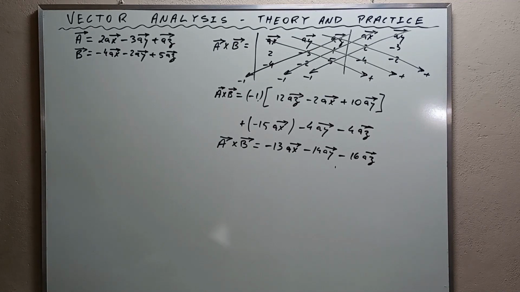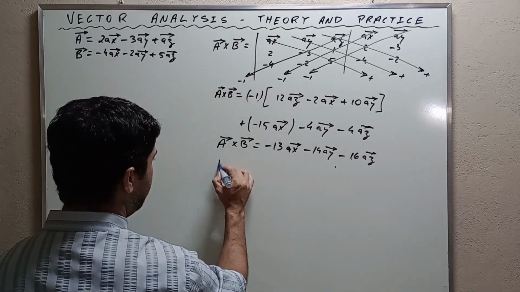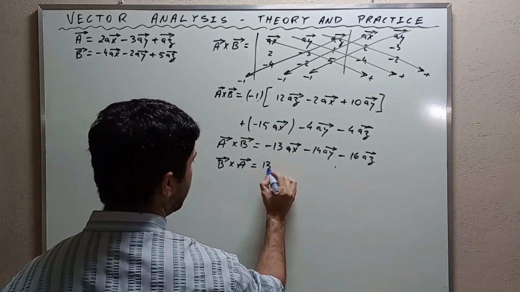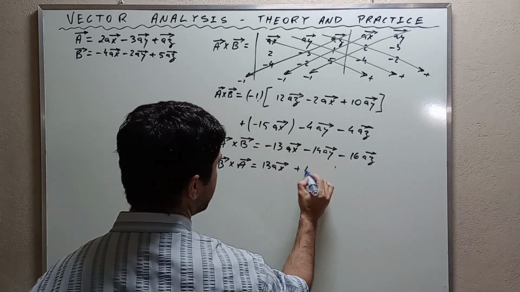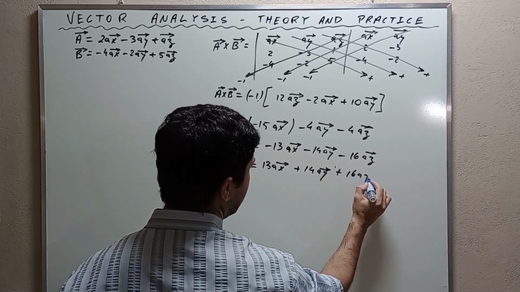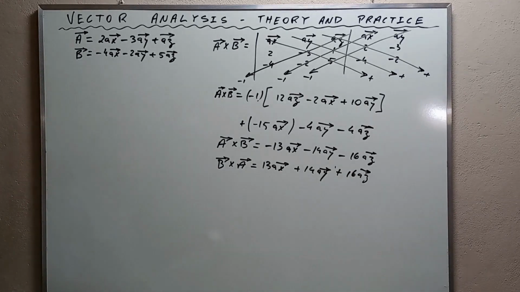And to find the opposite, okay, the vector in the opposite direction, we simply invert the direction of this vector here. So B cross A is equal to 13 in the x direction plus 14 in the y direction plus 16 in the z direction, okay? And this is all for the cross product.